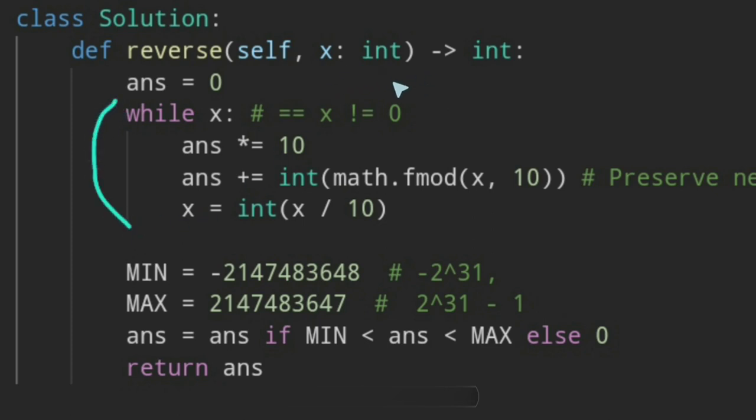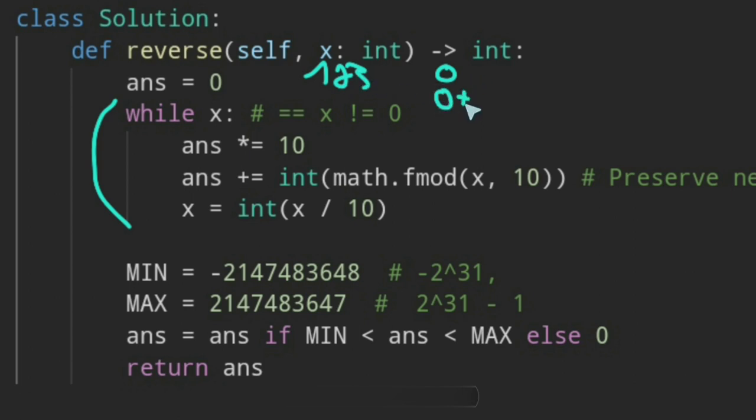Okay, so let's go over the solution. Again, we received 123. We take the answer, we multiply it by 10. We still get 0 because the answer began with 0. Also notice this trick, while x. While x means while x is not 0. Okay, so now we take the answer and we add to it the mod of the input number by 10, which is 3.